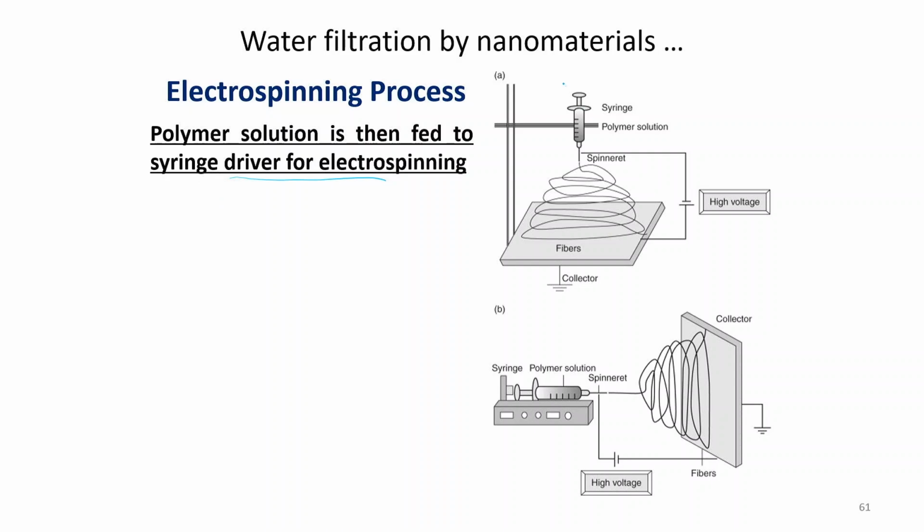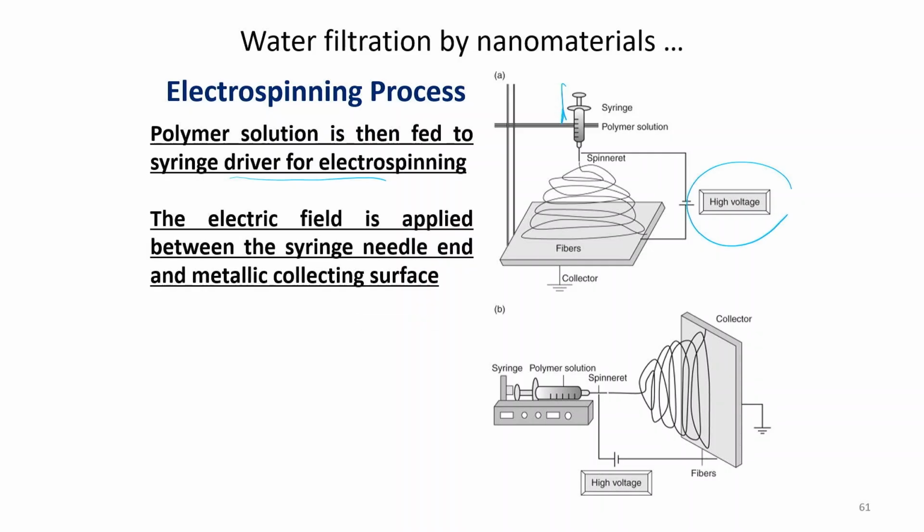Through the syringe the solution is injected through the spinneret, and then it comes under the high voltage area. A high voltage electric field is applied between the syringe needle and the metallic collection surface. This is the collector, and this high voltage difference will be responsible for generating the nanofiber.